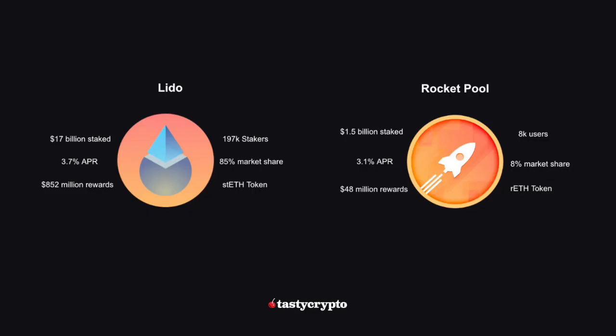Now, when we're talking decentralized staking, we're talking primarily Ethereum, even though there are other proof of stake coins that you can stake, but we're talking Ethereum, and we're talking two protocols. We're talking Rocketpool and Lido. So how this works is you have Ether in your wallet, you connect your wallet to one of these protocols, and you simply delegate your crypto to them to stake.